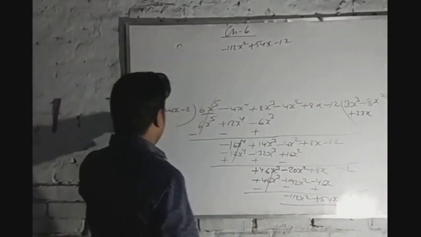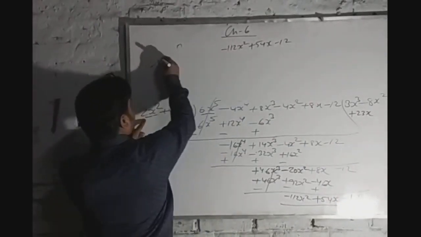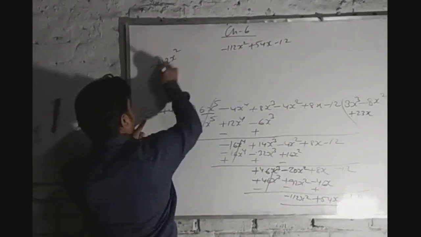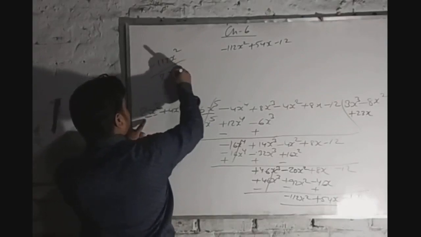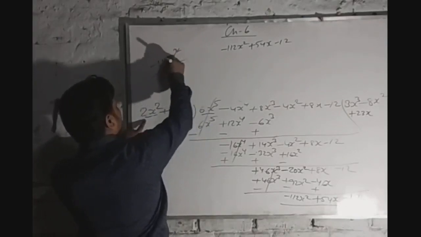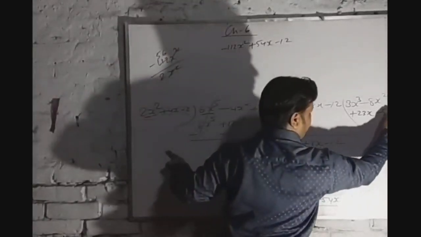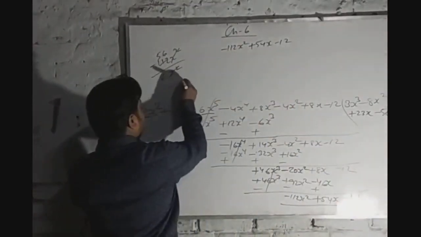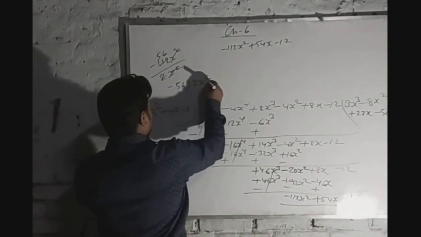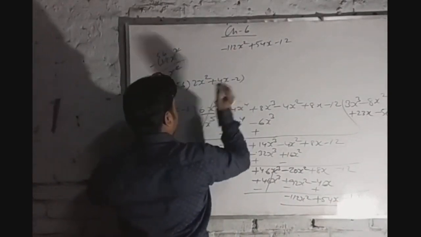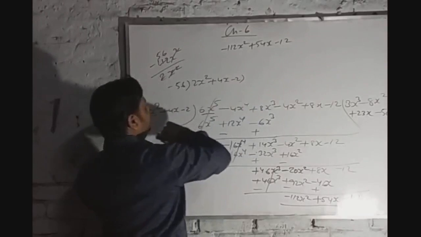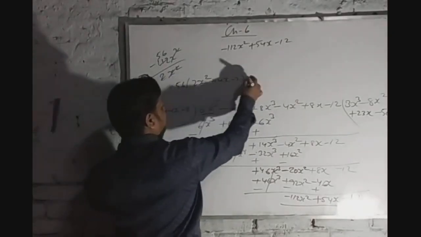Now, by which value will we divide? Again, first term minus 112x square by 2x square. X square cancelled out. 2 fives are 10, 2 sixes are 12, minus 56 will be the answer. So minus 56 we will add here. Now multiply minus 56 with each term: 2x square plus 4x minus 2. Now multiply.